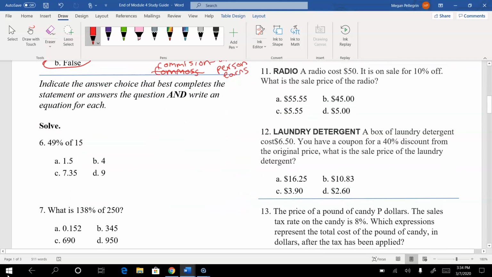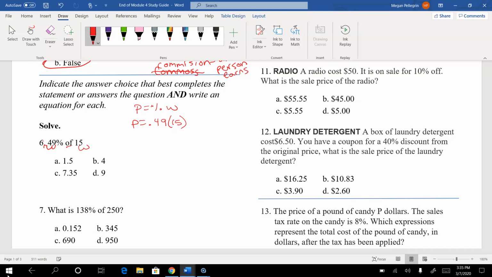Number 6, 49% of 15. Okay, so we know we see a percent. We're going to move that percent 2 places to the left. And so we were concentrating on part equals percent times the whole. Of is going to be our whole. This is obviously our percent, so we're looking for the part. Part is equal to the percent times the whole.